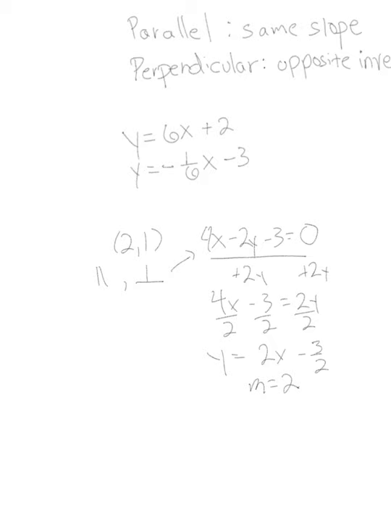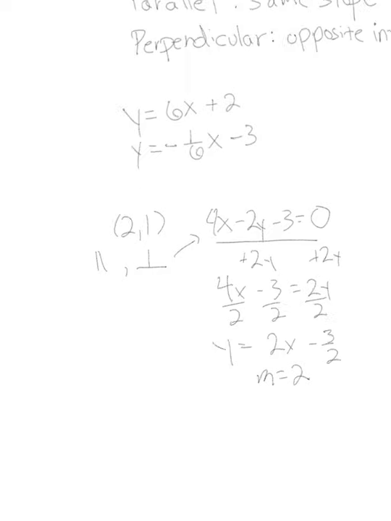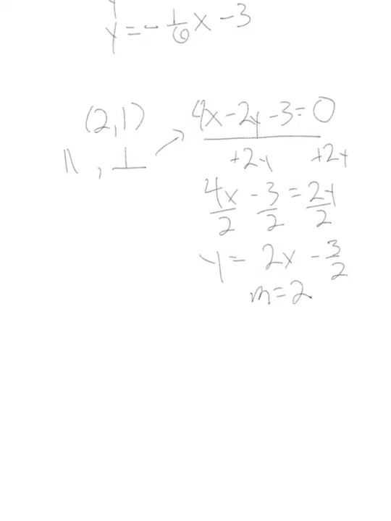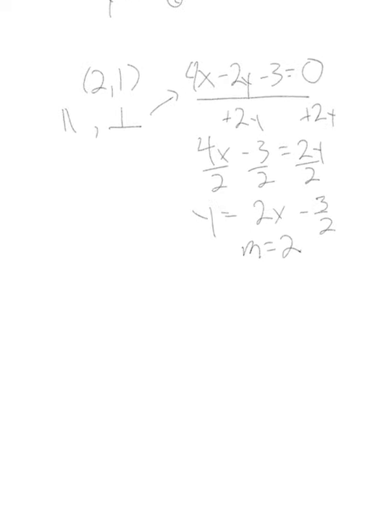So now we know the parallel has to have the exact same slope. So the slope has to be 2. And then I'm just going to write it in point-slope form. Remember, y minus y1 equals slope times x minus x1.